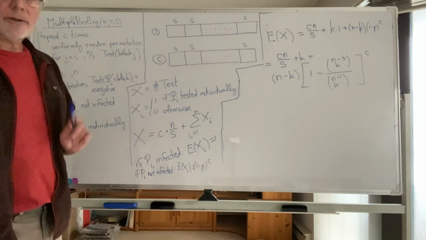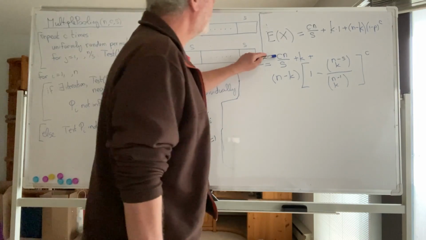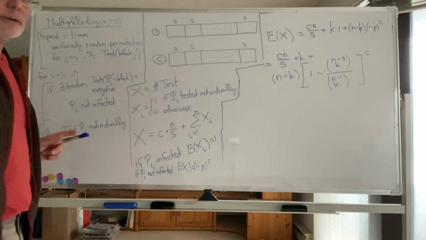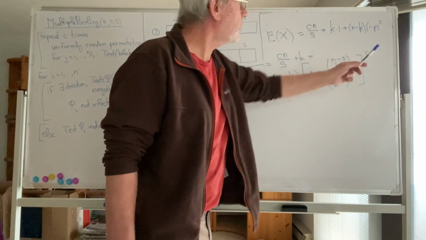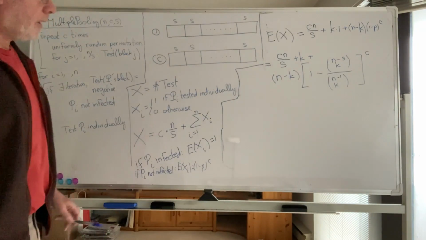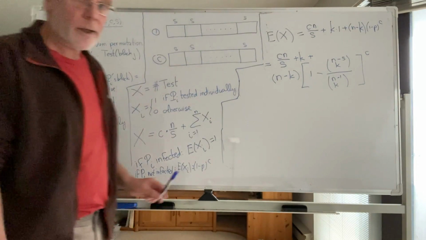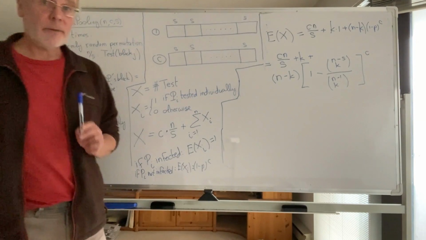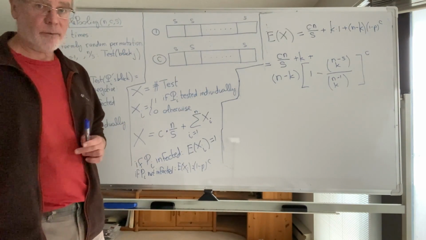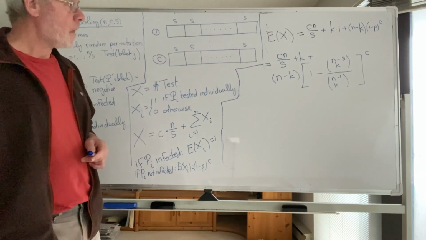We can choose the block size. And C is the number of permutations that we use, and C shows up here and there. By the way, if C is equal to 1, then the expression we get here is exactly the same expression we had in the first part, when we used single pooling.